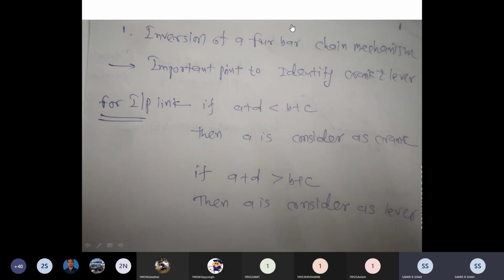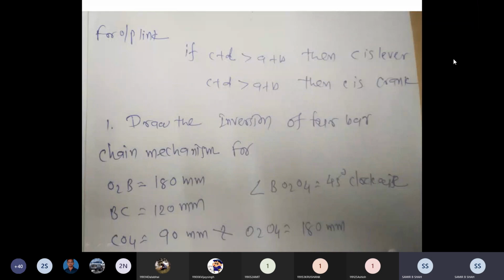We are right now getting a total of four kinds of links classified by input link and output link: crank-crank, crank-lever, lever-crank, or lever-lever. These are the four conditions, four positions, that we have to discuss every time we fix one link, and based on that we will continue our example.